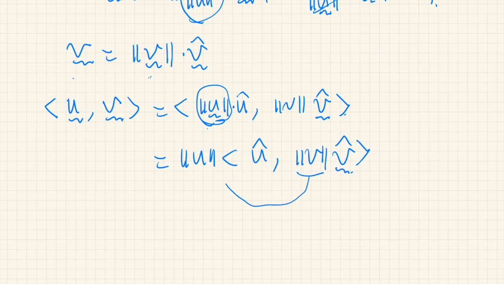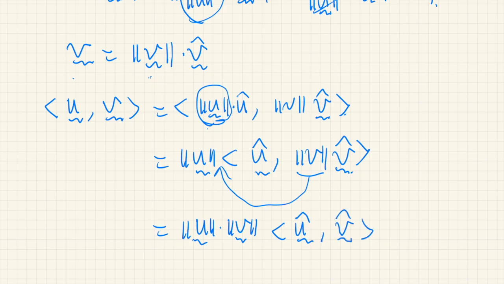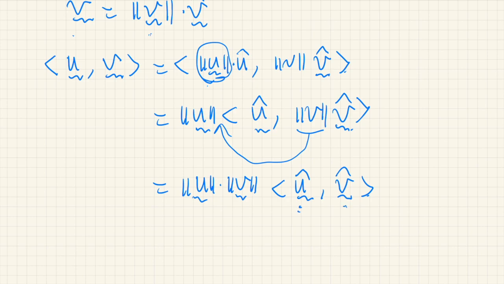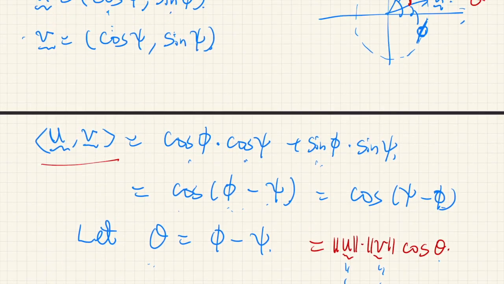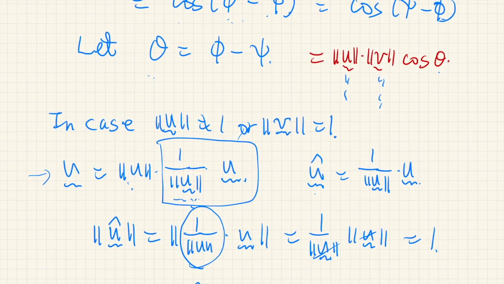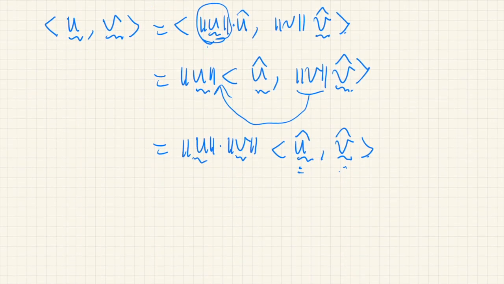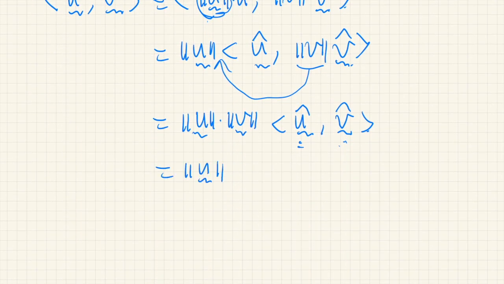Now we can take this scalar out also. Then we have u norm and v norm and u hat times v hat. Since these are unit vectors, we can use the previous result. So this is just the norm of u times the norm of v times cosine theta, where theta is the angle between these two vectors. And we are done.